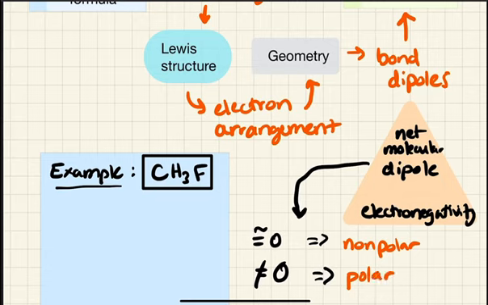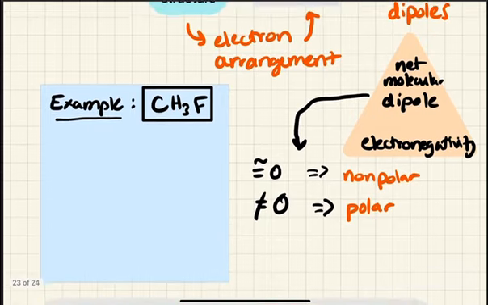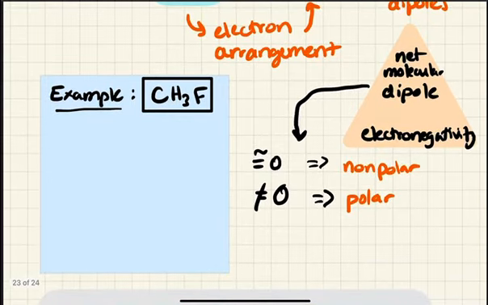And so you can have weakly polar molecules and much more strongly polar molecules and so on. But for the purposes of this, it's kind of a yes-no question. When we get to actually calculating values, you can consider relative polarity of molecules based on values that you actually obtain. So let's walk through an example of following this process.